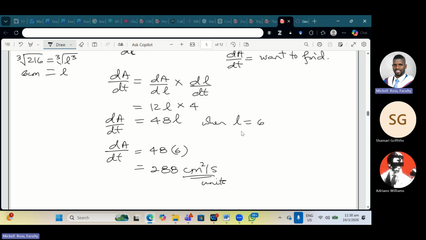That is it for rate of change. It is how fast the thing is changing over a period of time.